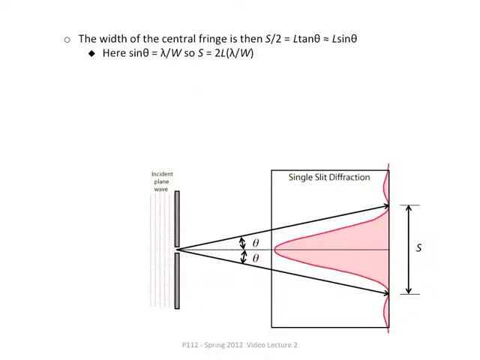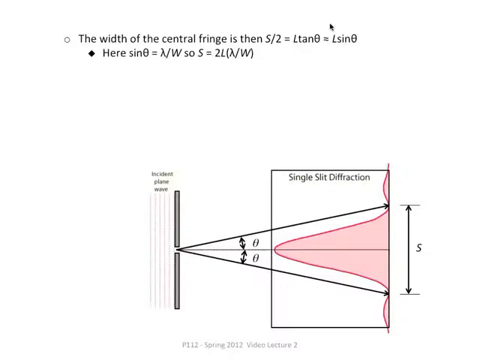That's from our previous definition for the location of these dark fringes. Remember we said w times sine theta dark equals lambda. So here we've just rearranged that to find the sine of theta, an expression in terms of the wavelength and the slit width.